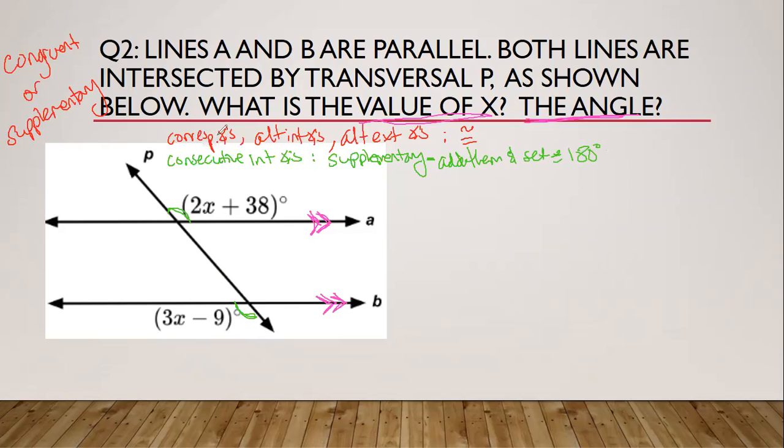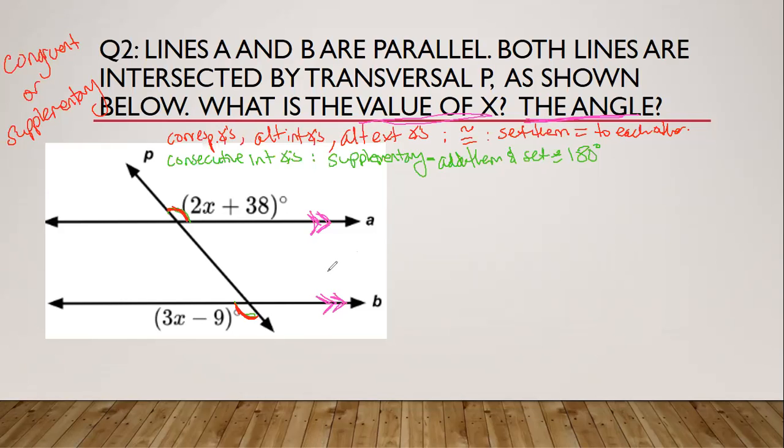But if they are corresponding, alternate interior or alternate exterior angles, then I just set them equal to each other because they're congruent. So the question here is, what kind of angles are these two angles? Are they corresponding angles, alternate interior angles, alternate exterior angles, consecutive angles?